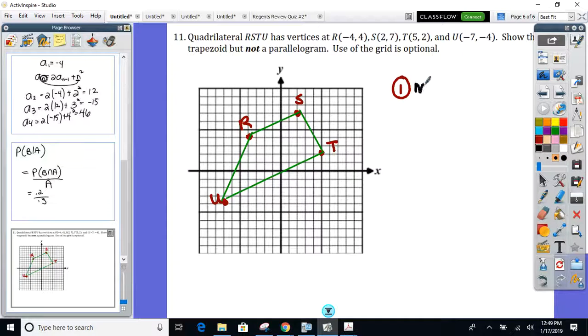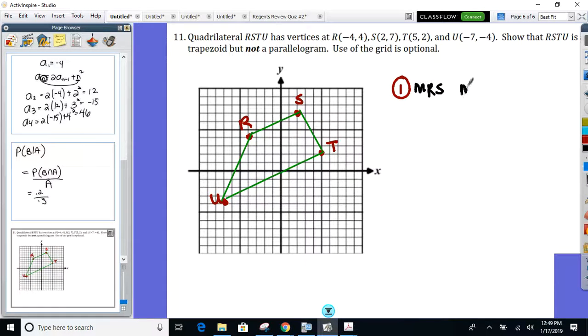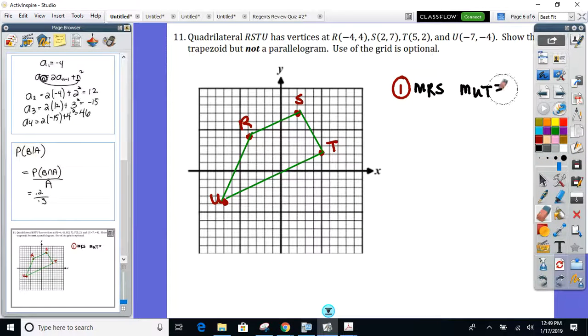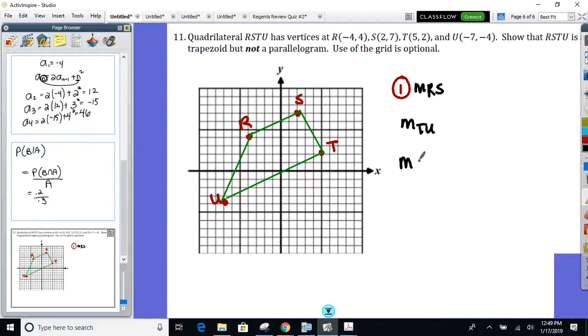Okay, so let's go slope of RS, slope of UT, slope of ST, and slope of RU. Okay, RS, let's do this.